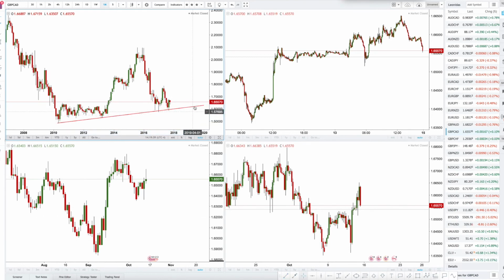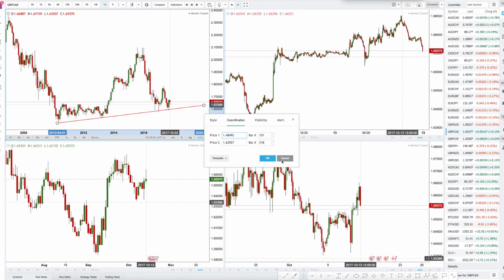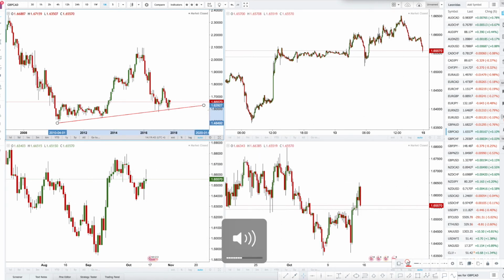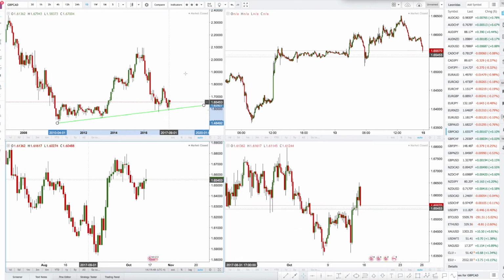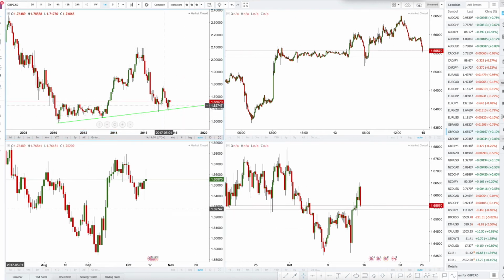Okay. Let's turn it green. All right. So we tried to take off from that trend line a few times, failed, came back to it. Now we're trying again. It looks like it's really trying to move higher.